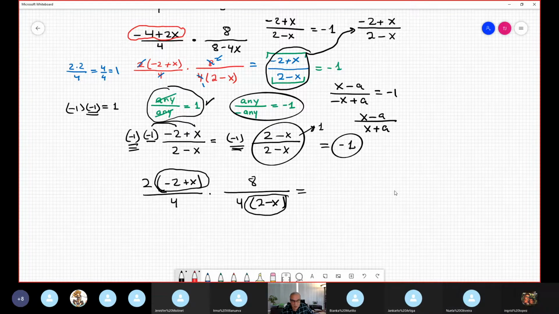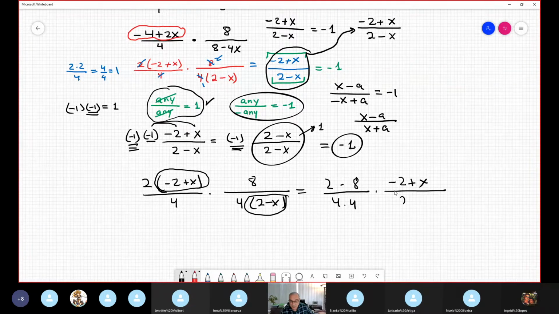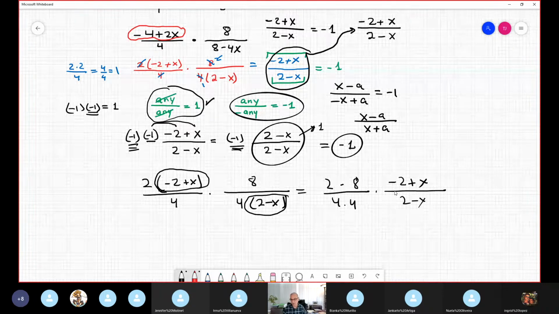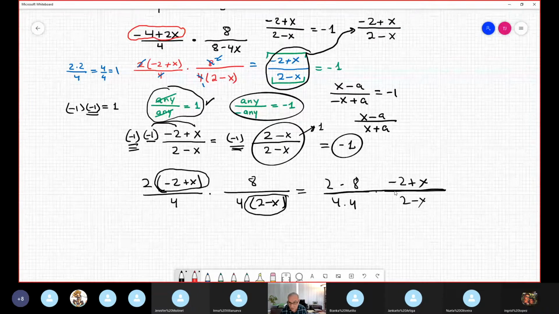And you copy only the numerical part: 2 times 8 over 4 times 4. If you want, you copy separately minus 2 plus x and 2 minus x. This is equivalent, right? The only thing I did was organize it in a different way, but it's the same. If it's good for you, you condense it in only one common line.